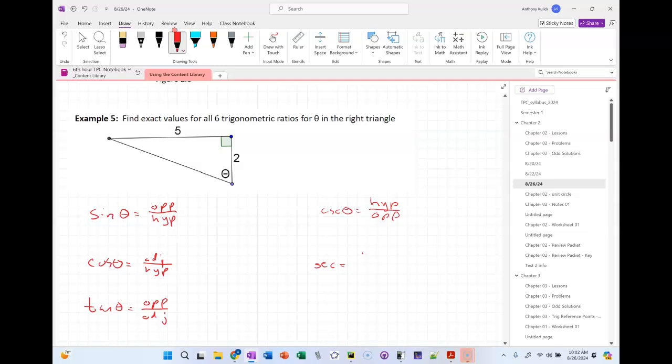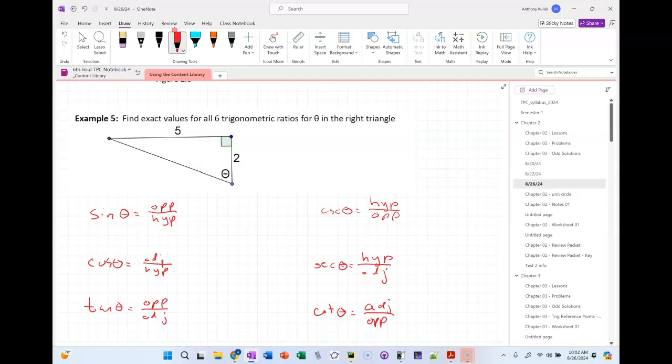Secant goes with cosine, so those are reciprocals. And then cotangent goes with tangent, those are reciprocals. So just start there, write down my definitions. Now I just have to look at my picture and plug these things in, right?